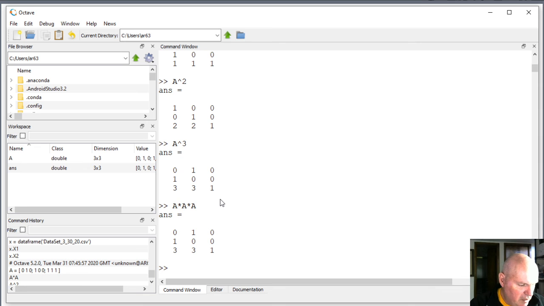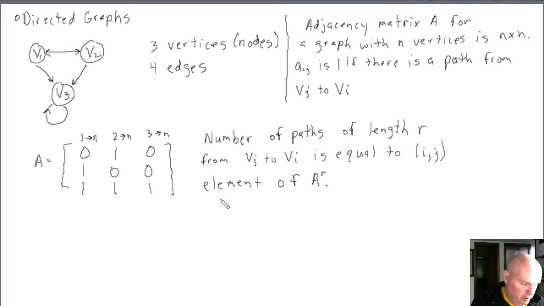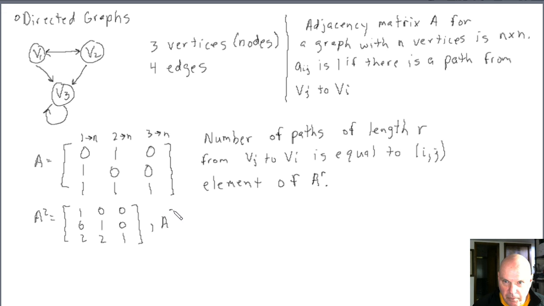Okay, so now let me go back to the whiteboard and write down what we have for A squared. It was 1, 0, 2, 0, 1, 2, 0, 0, 1, and then similarly we computed A cubed.